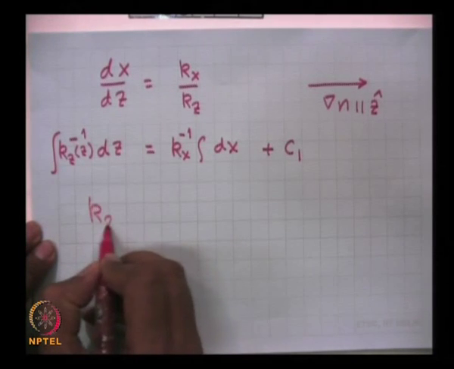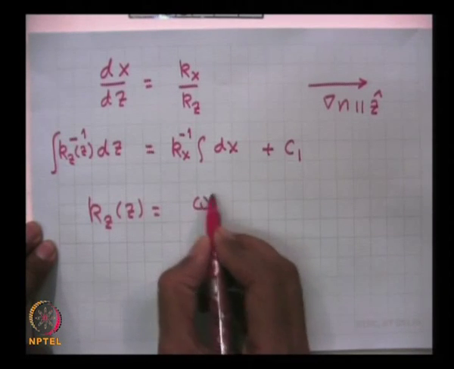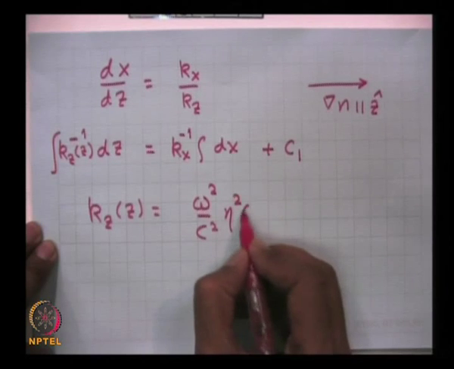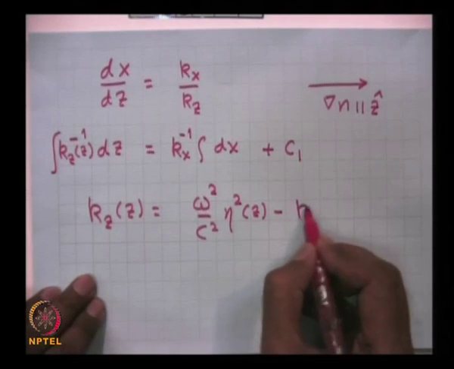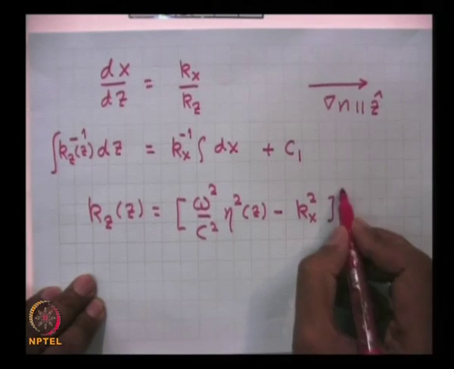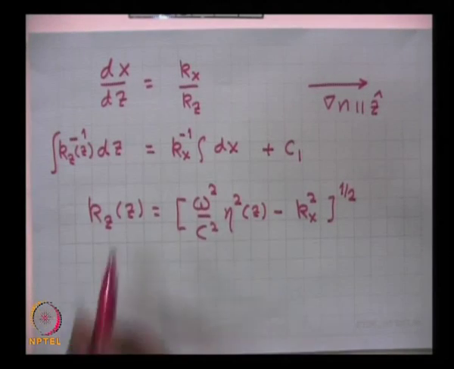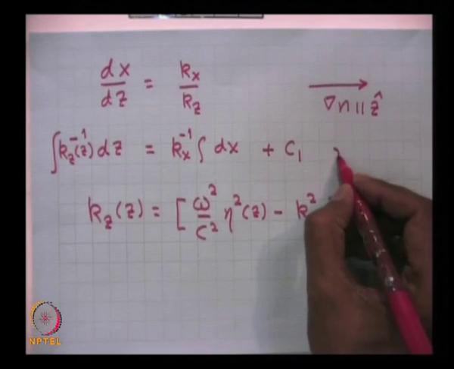Kz, let me write down explicitly, kz as a function of z is equal to under the root omega square by c square refractive index square as a function of z minus kx square. So, this equation can be easily integrated and this is called the equation of the ray.